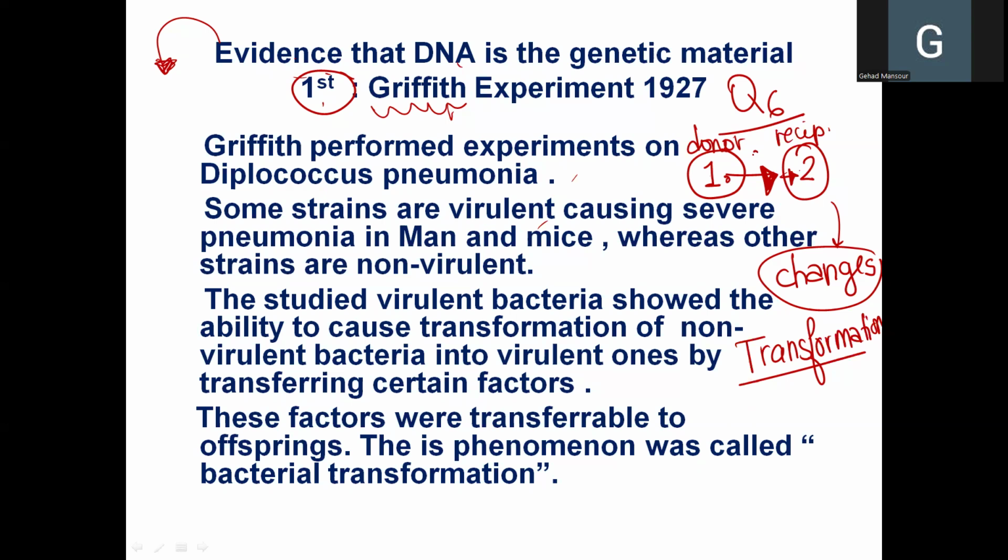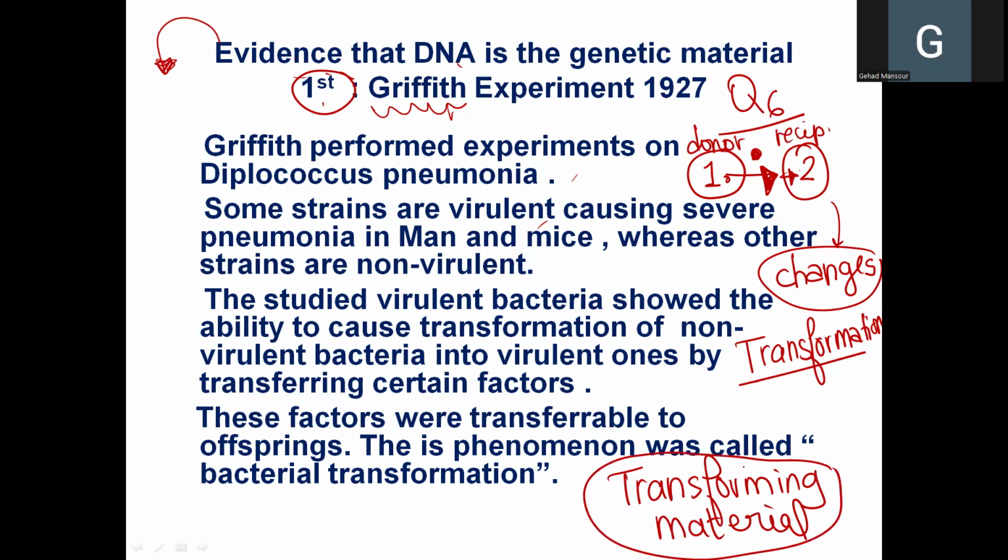The substance that has been transferred from one to two and caused the transformation is called the transforming material. So question number 6: how was the Griffith experiment a first step in knowing that DNA is the genetic material?